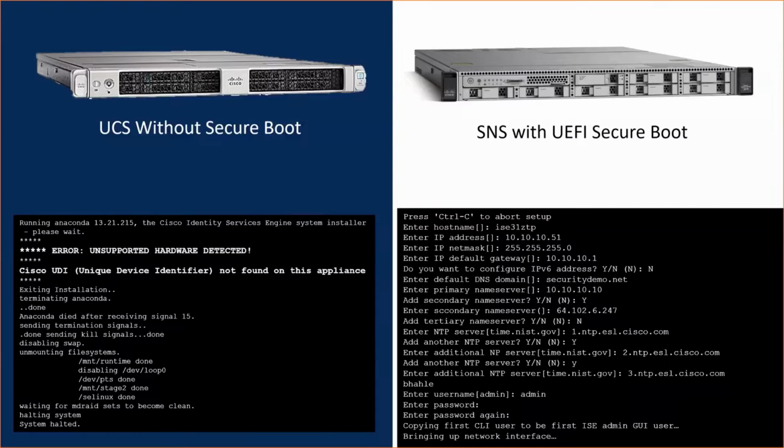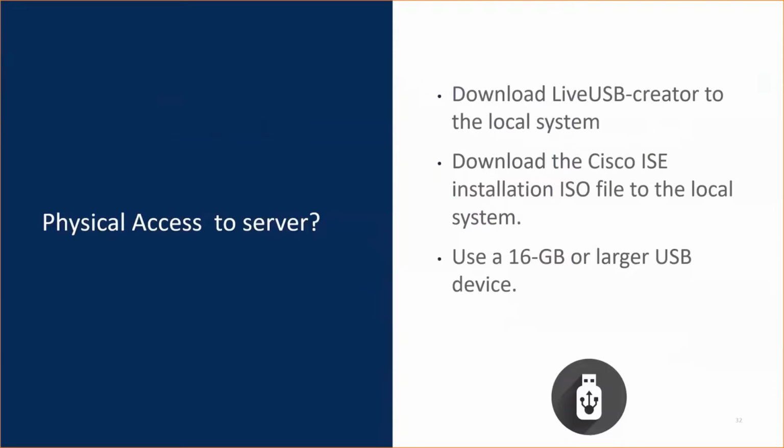Now, if you have the physical access to the server and you want to install ISE, a quick, easy way to do it is to create a bootable USB, and you can download the live USB creator to your local system, as well as the ISE Installation ISO. I recommend you use a 16 gig or larger USB device for this.